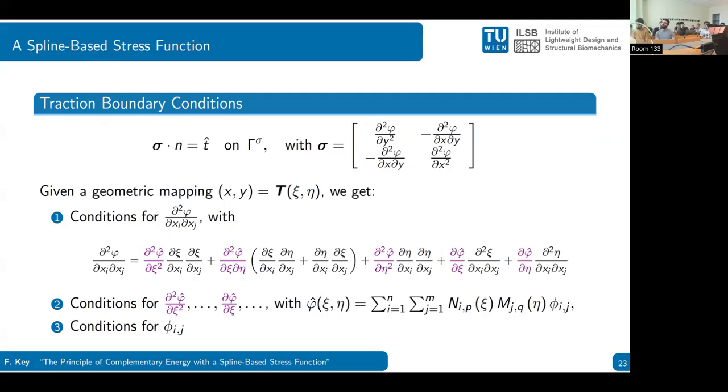So conditions for these terms here lead to conditions for the control variables. And all of that is for the traction boundary condition. So the second component is static admissibility, because equilibrium is fulfilled by defining the stress tensor like this.